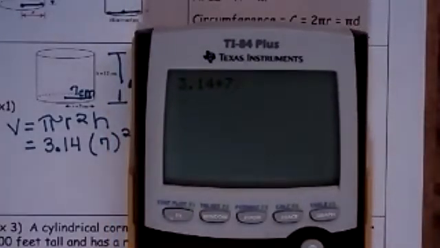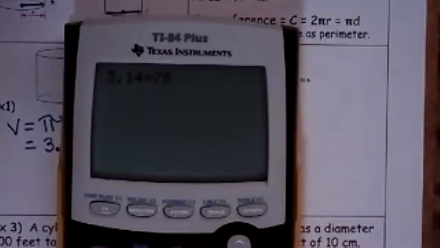Okay, so I'm back up here. And let's see, 7 squared times 12. Now, I'll just double check and make sure I put it in my calculator correctly, and I did. And I come up with 1,846.32.